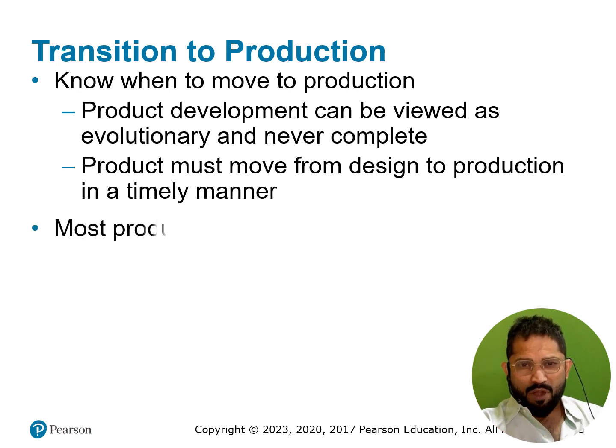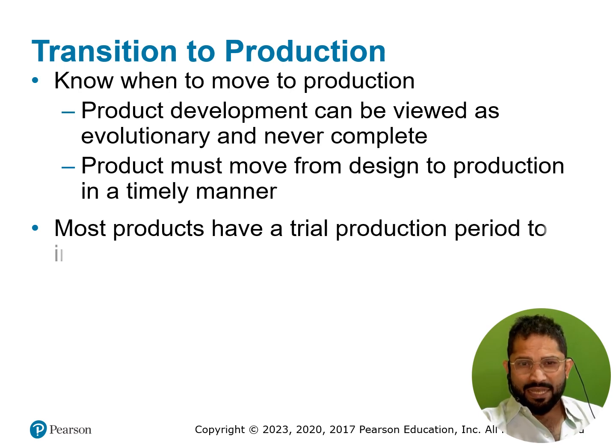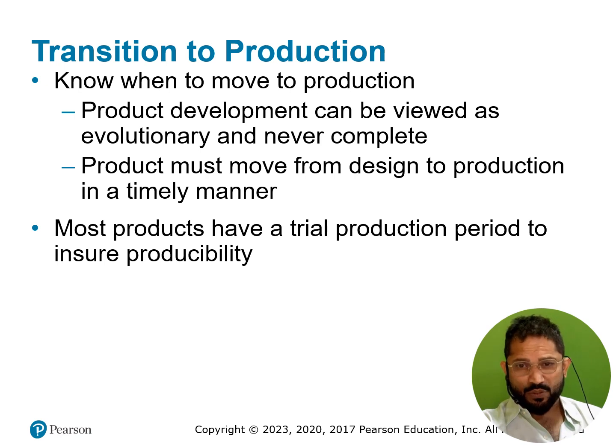Many products undergo a trial production period to validate their manufacturability and address any unforeseen issues. This phase allows for adjustments to tooling, quality control processes, and workforce training to ensure a smooth transition to full-scale production.